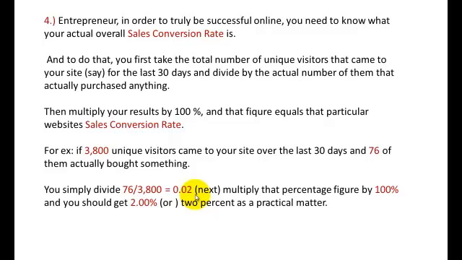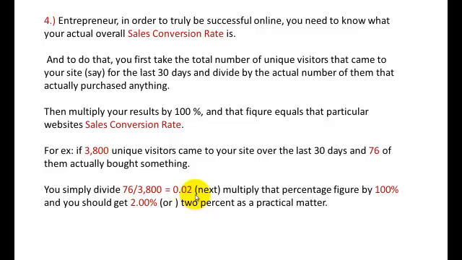So anyway, you get 0.02 and you multiply that by 100, and that tells you that you have a sales conversion rate of 2%. So in other words, what that's saying is, on average, this particular offer only, and that's the other thing, it's not a blanket figure. This means based on that particular ad campaign that you ran, this was the result.